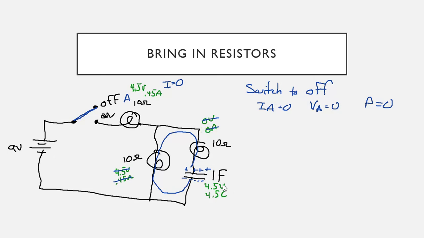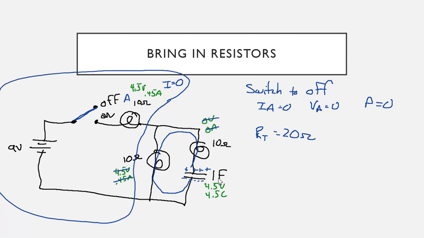But I essentially have 4.5 volts of this capacitor. And I have 2 resistors in series, so I have 20 ohms. So I have a total resistance of 20 ohms in this new path, assuming this is now not part of my circuit. And my circuit is now going to get charged by the capacitance. So I have a total resistance of 20 because it's going to go through 10 and 10 in series.